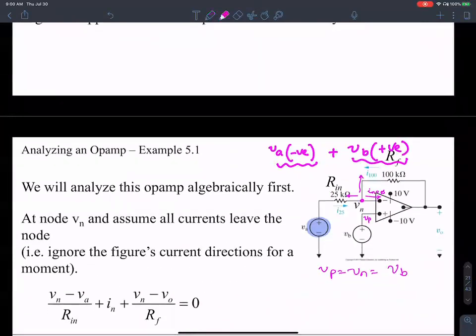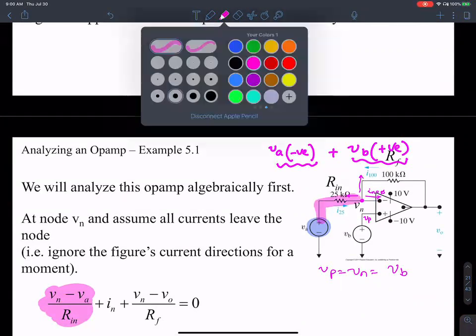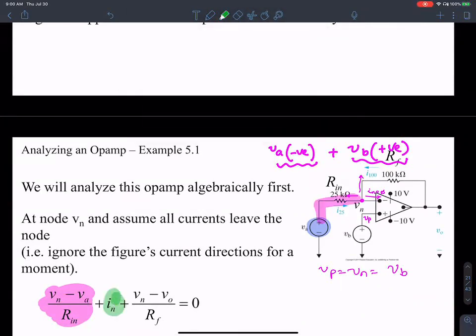Sure enough, there is one current going left, Vn minus Va by Rn, that's this current. One current going to the right, that's this current. And then one current going up, that represents this guy. Three currents at that node right there.